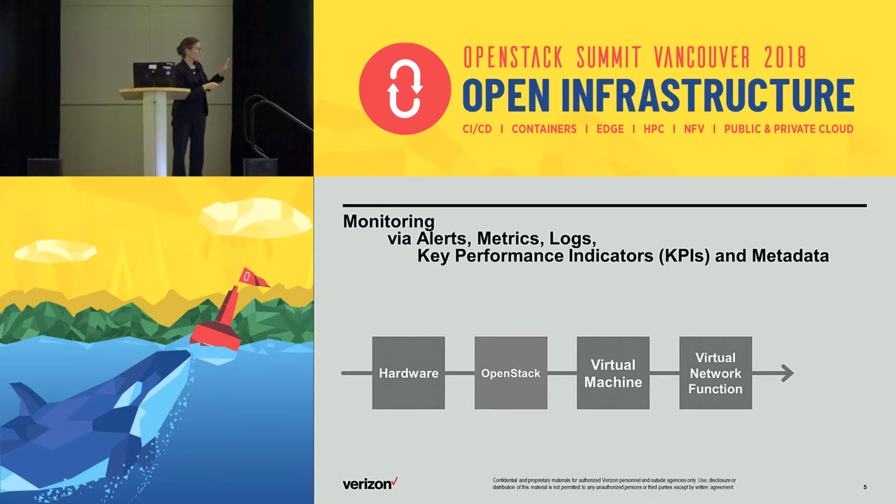Now, we may not have all of those elements for every single network element, but we do our best to get whatever we can. So I'm going to go through some examples for sample sites for hardware, OpenStack data that we collect, virtual machine data, and finally the virtual network function data, so that's our application data.